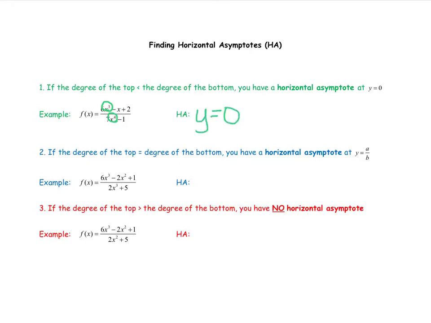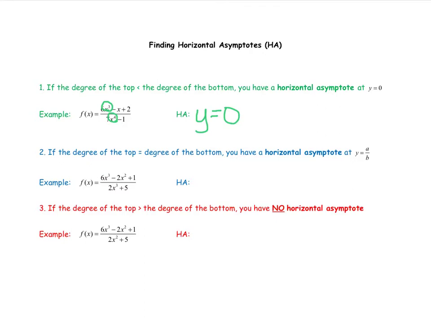Now let's look at the blue example. If the degree of the top polynomial equals the degree of the bottom polynomial, then you have a horizontal asymptote at y equals a over b, where a is the coefficient of the first term in the numerator, and b is the coefficient of the first term in the denominator.